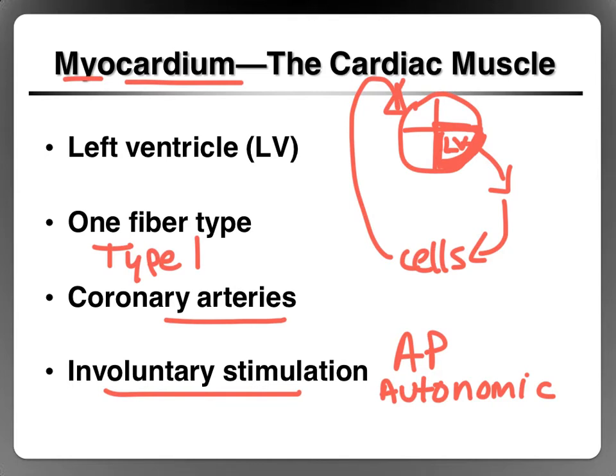The other thing that's unique about the heart is that it also has intrinsic stimulation, which means that the action potentials can begin, or do begin, I should say, within the heart itself.